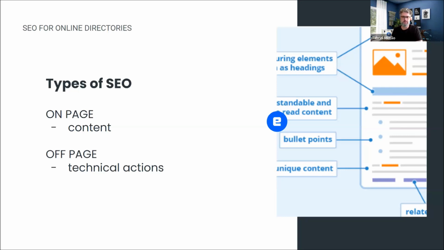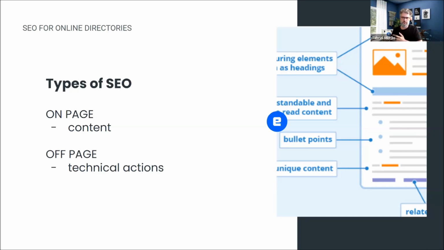And as we are discussing SEO, search engine optimization, I would like to start by talking about what types of SEO there are. Firstly, there are two types of SEO: on-page and off-page.